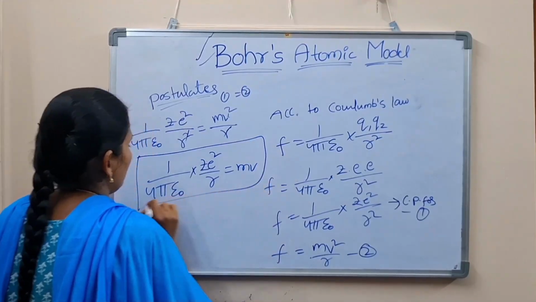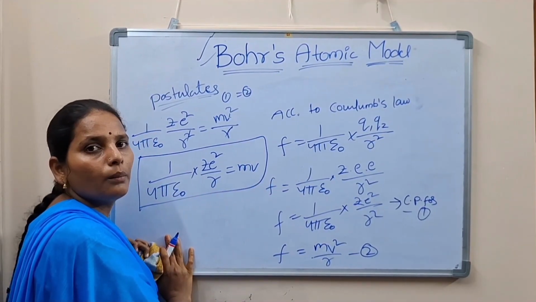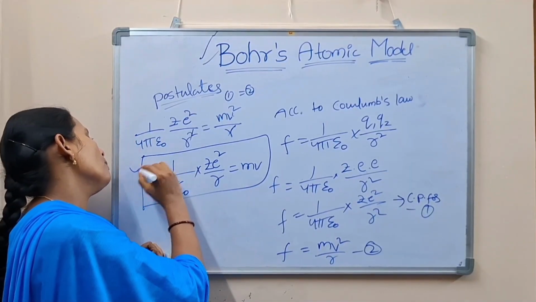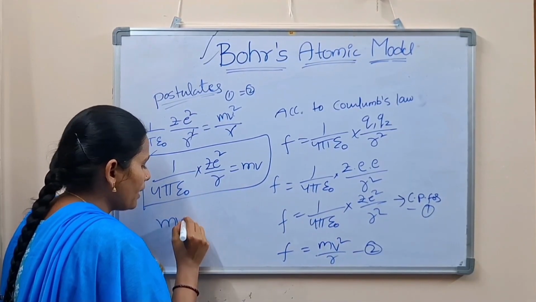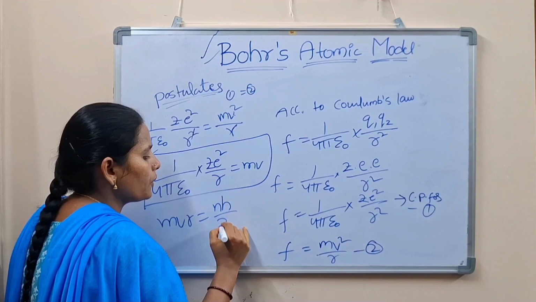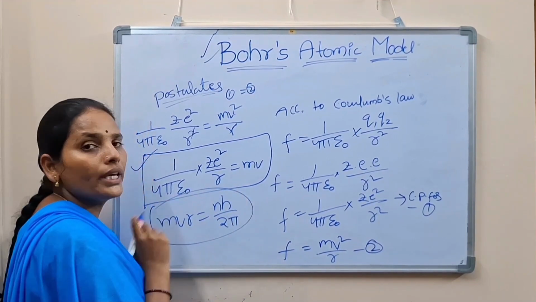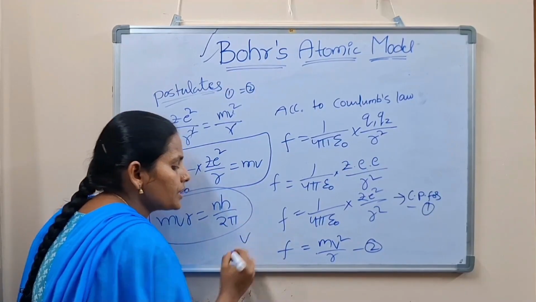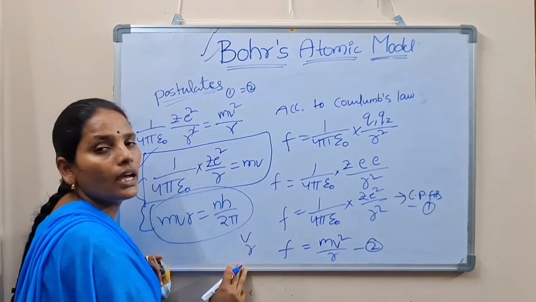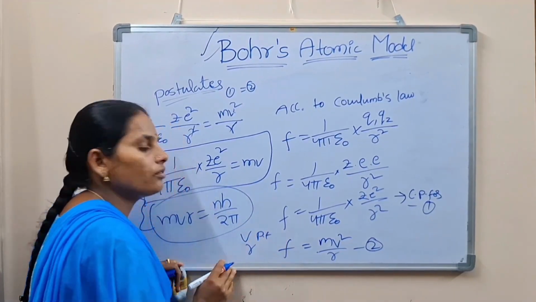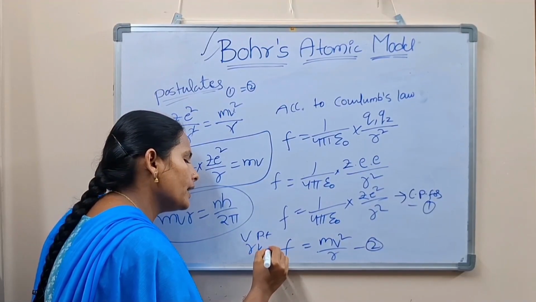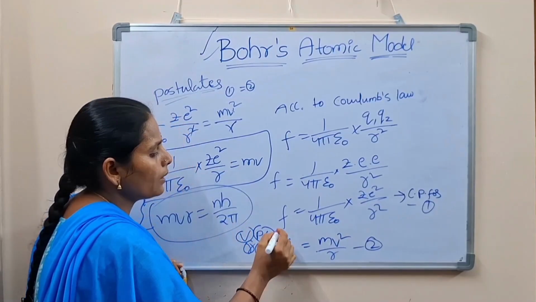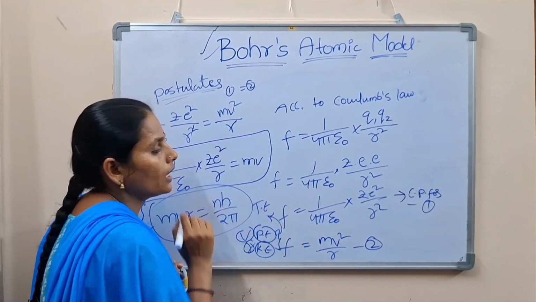This is the main formula by centripetal force and centrifugal force. By this formula and the mvr equal to nh by 2 pi formula, using these two formulas we are getting the velocity of the electron, radius of the electron, potential energy of the electron and also kinetic energy of the electron. By totaling them, we are getting the total energy of the electron.